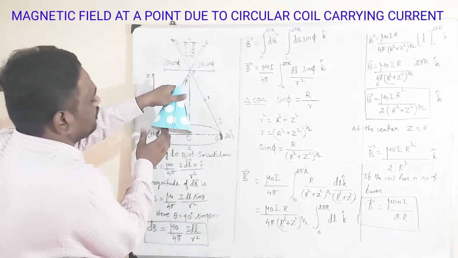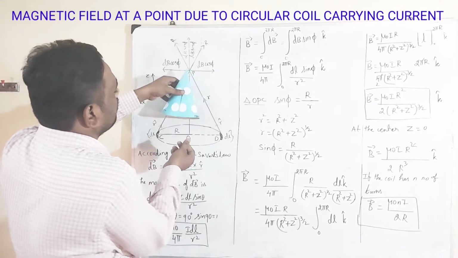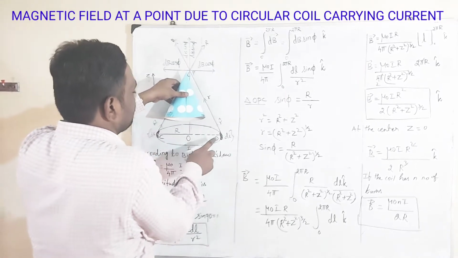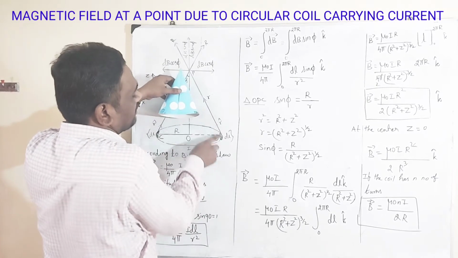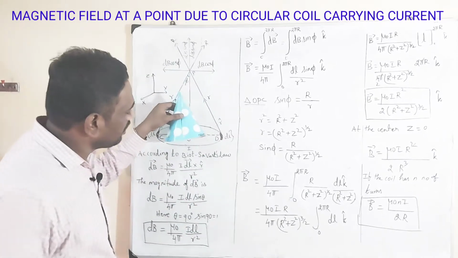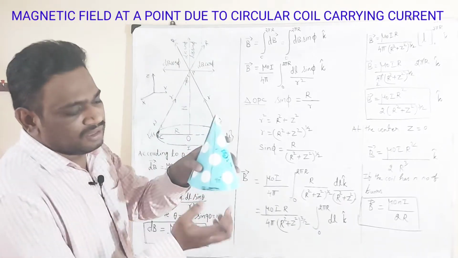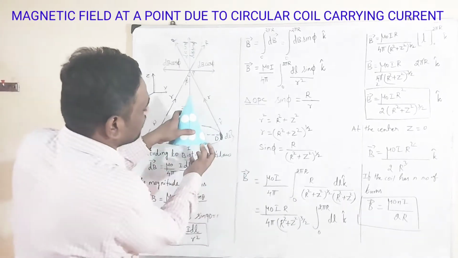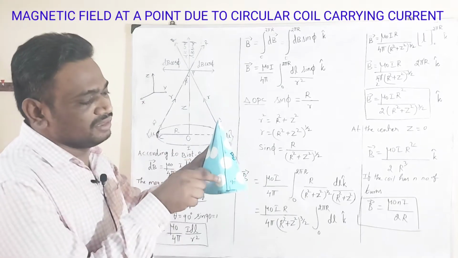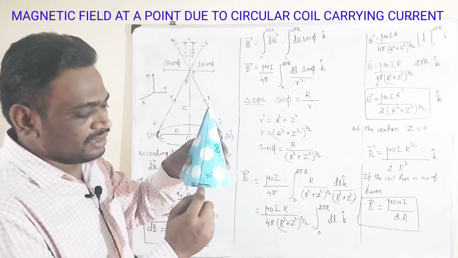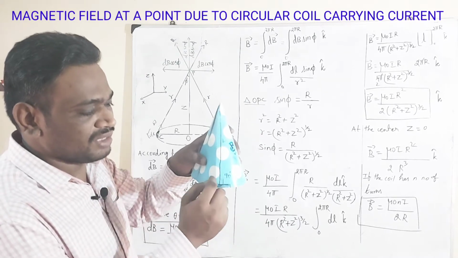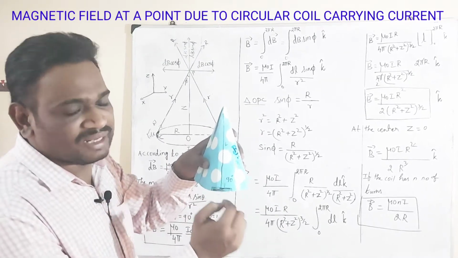See here, this is the current element and this is the direction of the unit vector. Okay, this is the small element that I have considered here, and this is the direction of the unit vector. Here, see, the angle between the element and the unit vector is 90 degrees.